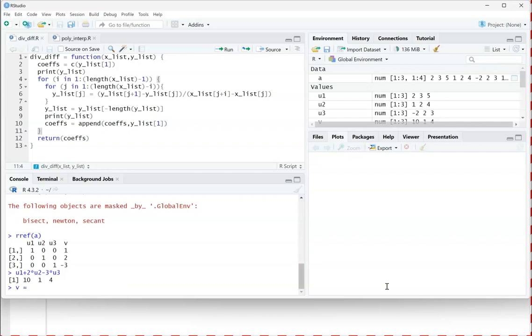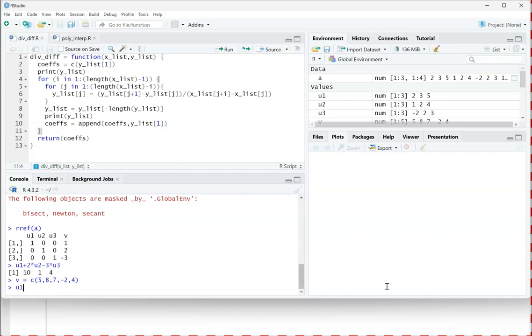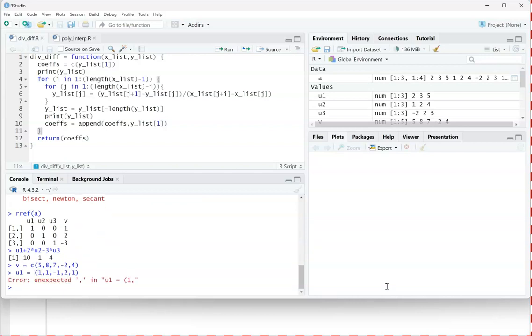So let me do this in here real quick. There's my V. Let me get my U1 in here. Oh, I forgot the c in front.